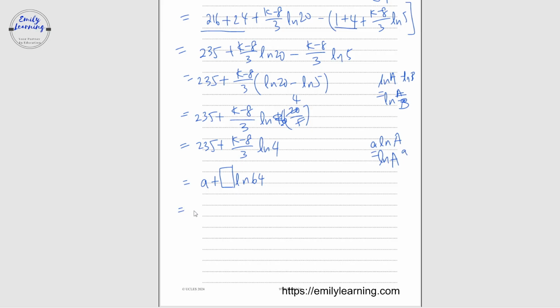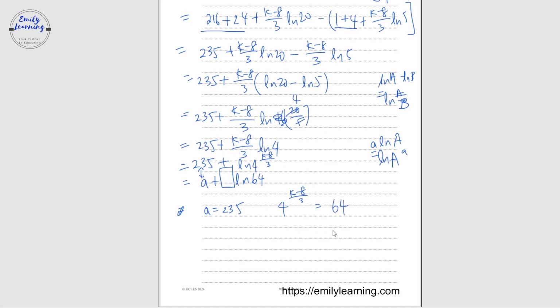So what I'll do is write this as 235 plus ln 4 to the power of k minus 8 over 3. So by comparing, a is equal to 235. And by comparing here and here, I know 4 to the power of k minus 8 over 3 is equal to 64.